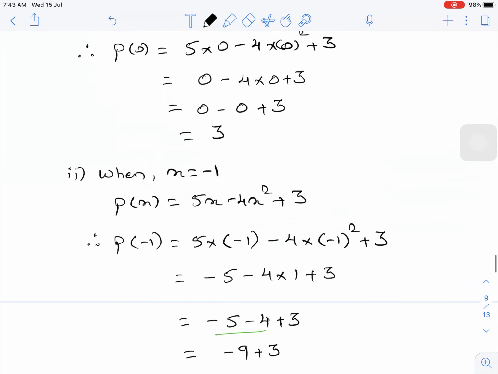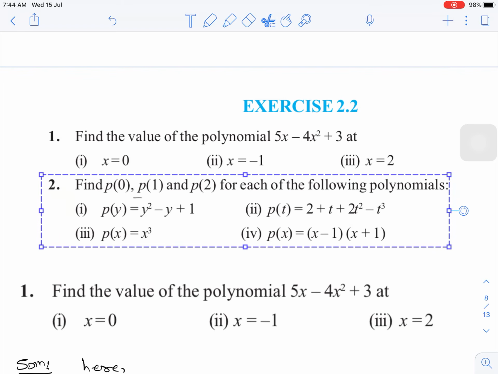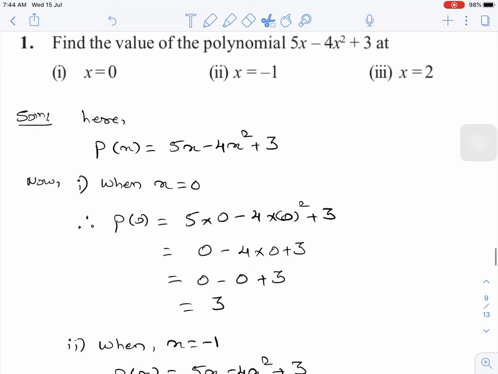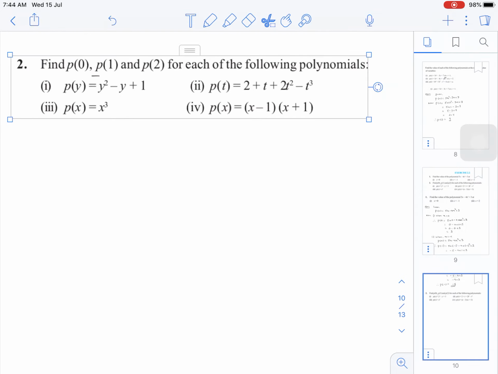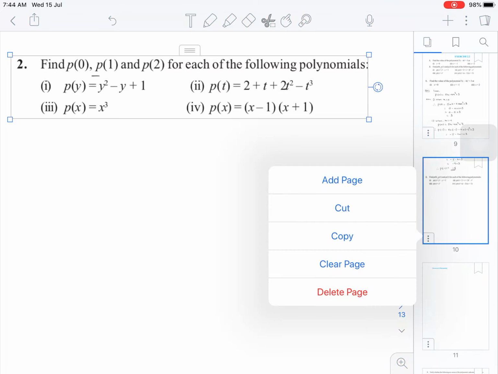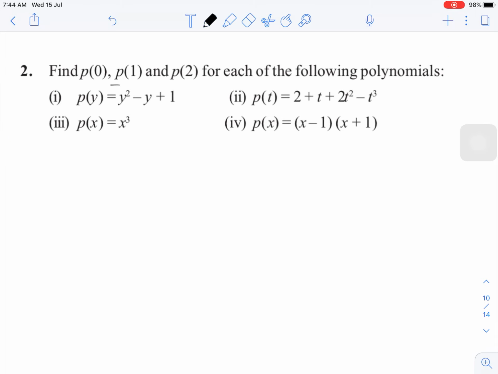Now let us solve the second example. Here it is given that we have to find p of 0, p of minus 1, p of 2 for each of the following polynomials.